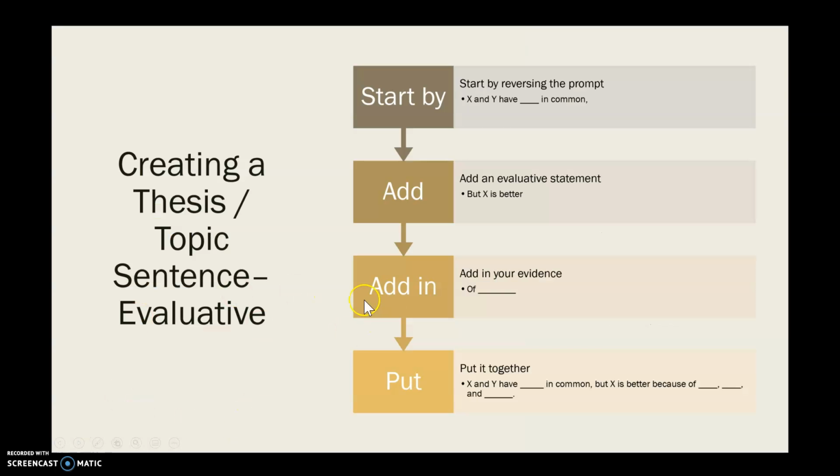Okay, so here was the evaluative one. So we're going to start by reversing the prompt. Both Gadsden and Jacksonville are small cities in Alabama. Add an evaluative statement, but I prefer Jacksonville because, and then put in my evidence.